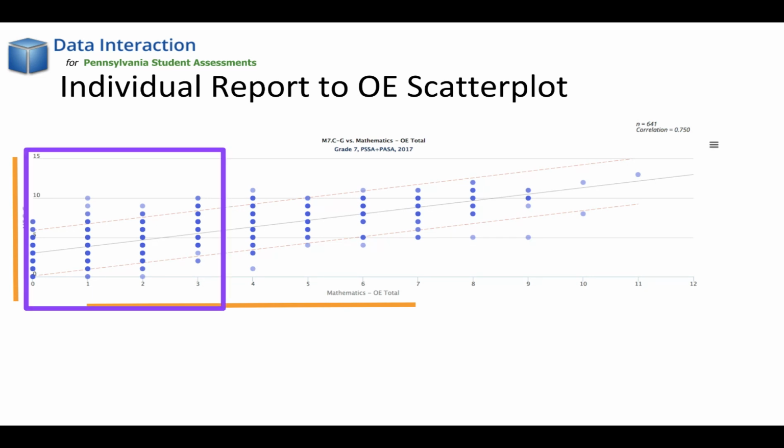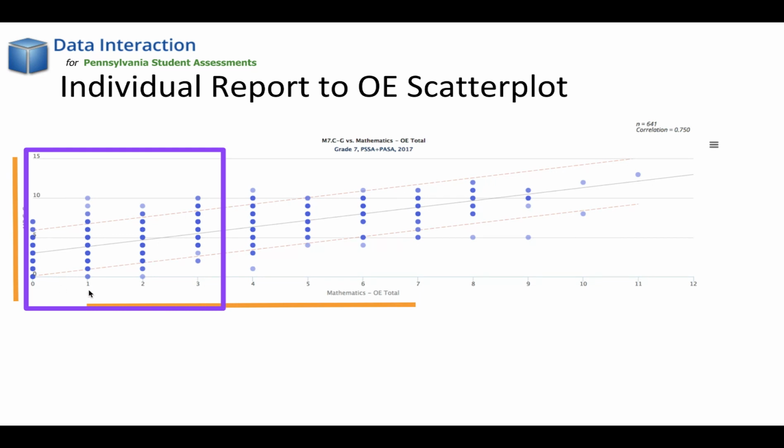So if I look to the left-hand side of the screen, I see there are quite a few students here who earned 0 on the open-ended, and the most that that group earned would be maybe 7 points total in geometry.